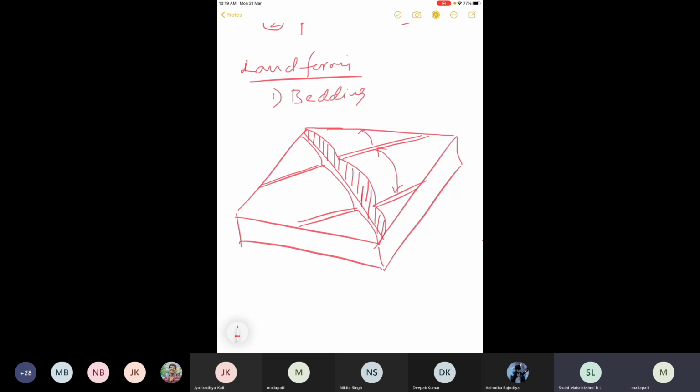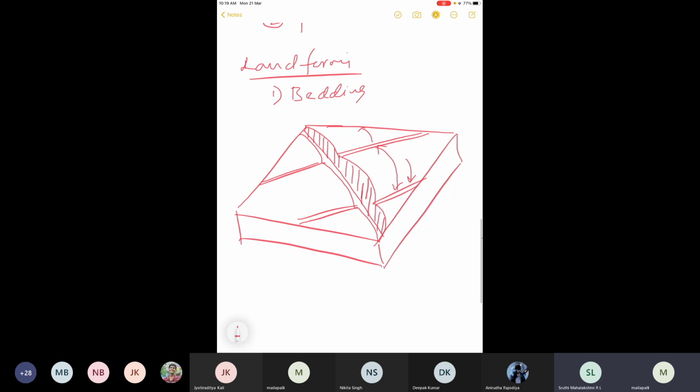So surface runoff: from here to here, whatever water falls goes to the drain on the other part. So this is the surface runoff. And the field grade should be in this direction. This is the slope. Similarly on the other side.